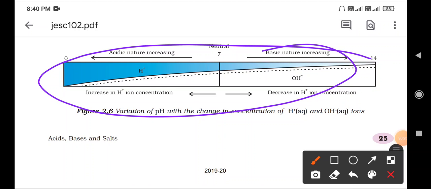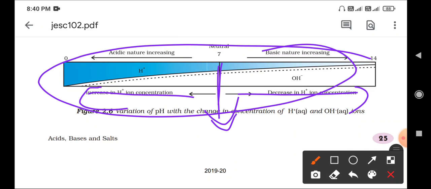So this is the neutral solution, this is the acidic solution, and this is the basic solution. Exactly 7 is called the neutral solution, and below 7 is called the acidic solution. Here come 7, 8, 9, 10, 11, 12, 13, 14, which is called the basic solution. 6, 5, 4, 3, 2, 1 is called the strong acid.